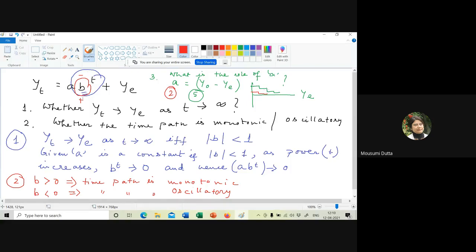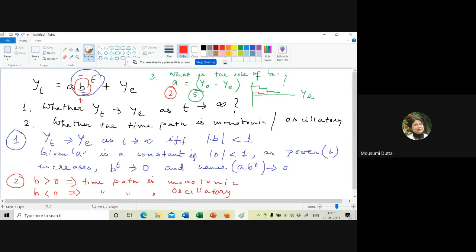If the value is high, the gap between the starting point and YE will be quite higher. And if the value is smaller, in that case, you will start from a point which is very close to that of YE.